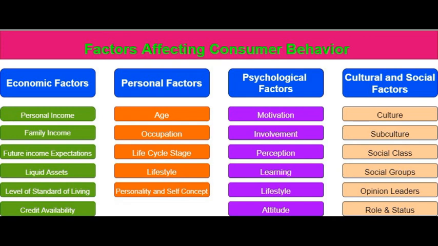Third is the psychological factors. Now, psychological factors are all playing in the mind of the consumer, but they are always surrounding the consumer. So, under psychological factors, we have motivation, and involvement while buying various things. Now, see, the level of involvement will differ depending upon the amount that you are going to spend to buy a thing.